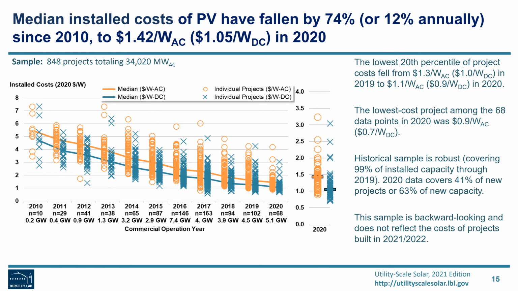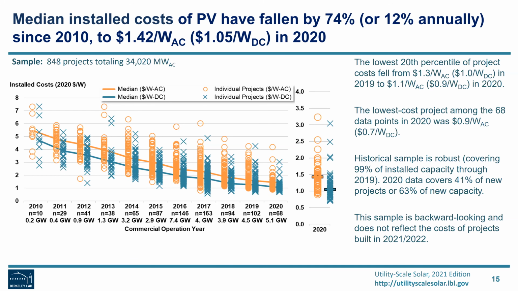Large cost adders due to the COVID-19 pandemic have also not materialized in our sample, at least when we compare it to historical costs. The cheapest 20% of all the projects that came online in 2020 cost about $1.10 a watt AC or 90 cents a watt DC.